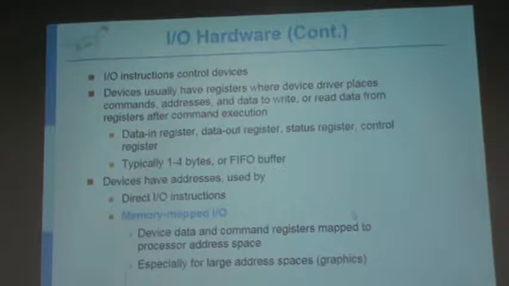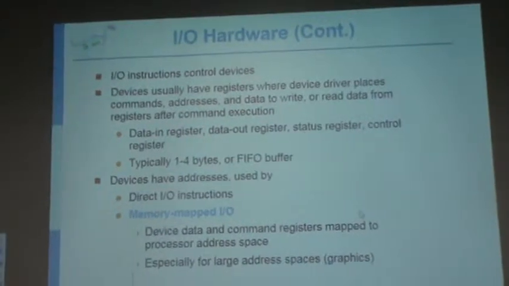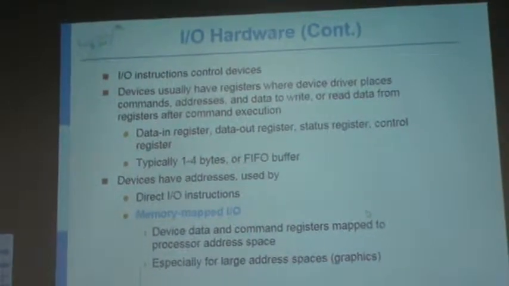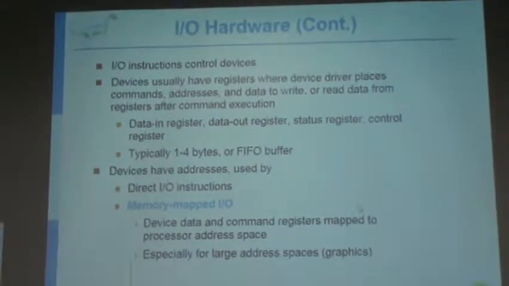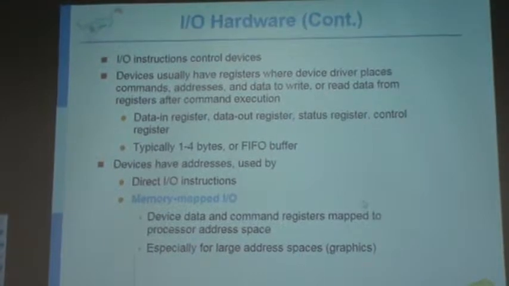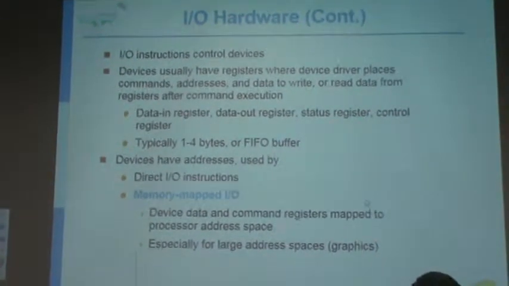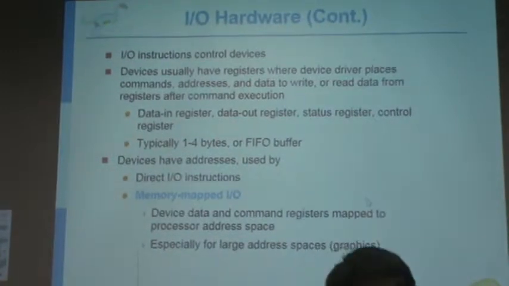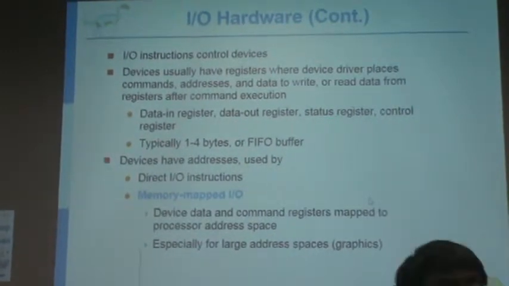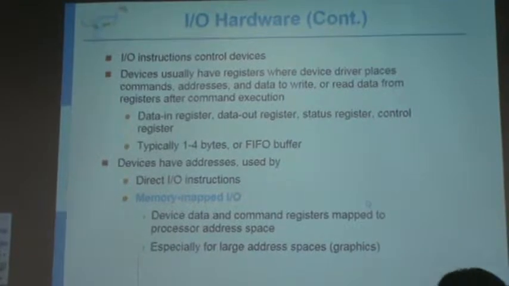They are typically 1 to 4 bytes. 4 bytes is the word format. They also manage a FIFO buffer, first in, first out, in case one controller receives multiple requests that can be processed by the FIFO buffer.